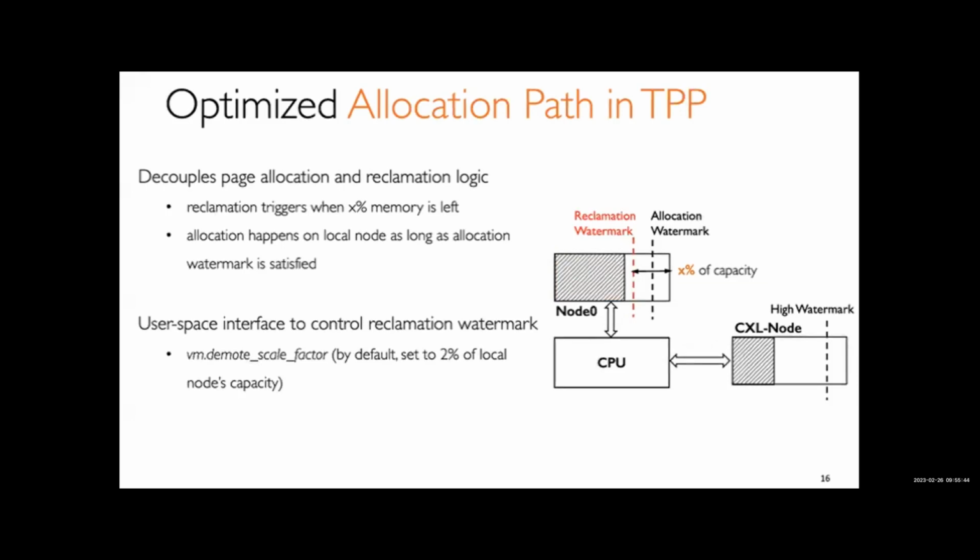So the high-level idea is, when allocation is happening, we first try to place most of the allocations into the faster memory tier, and whatever goes into the slower tier, we try to promote back to the faster tier later. So now we talk about the promotion mechanism.